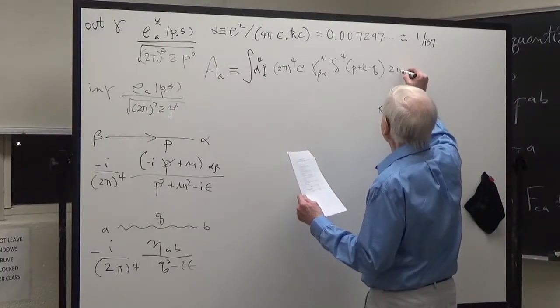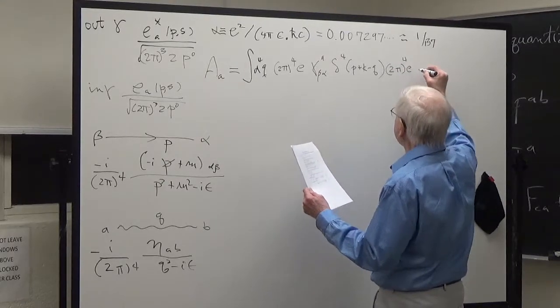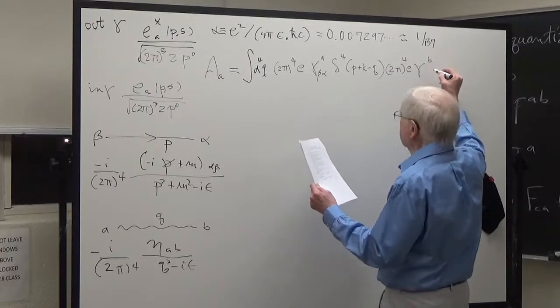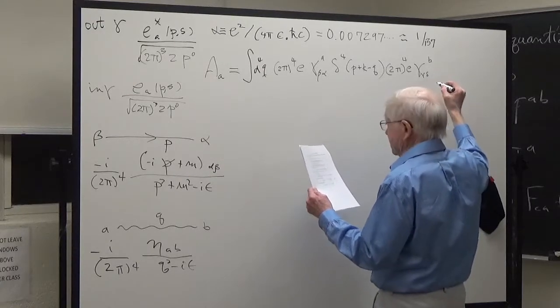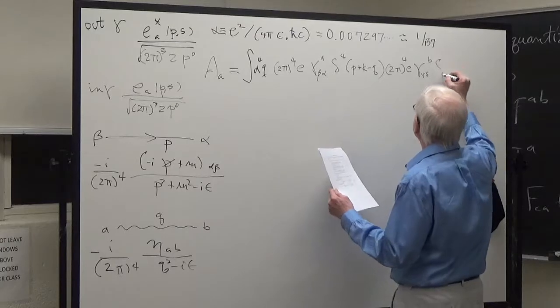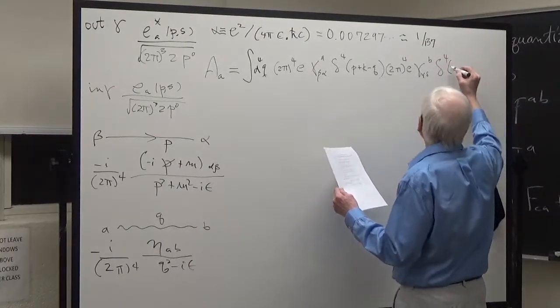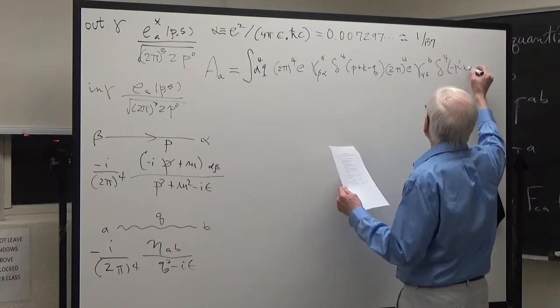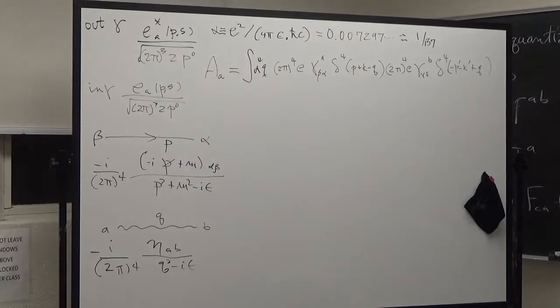Then at the other vertex, we put in 2 pi to the 4th e gamma B, with gamma delta as the indices, and delta 4th, and now p prime and k prime are going out, so I've got minus p prime minus k prime plus q. q is going into that upper vertex.